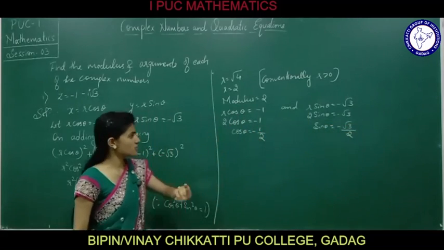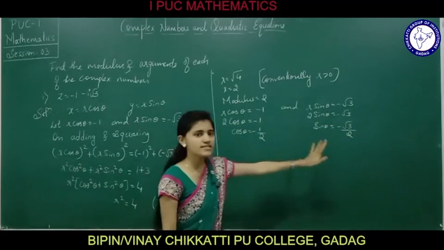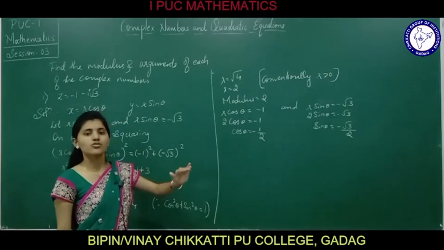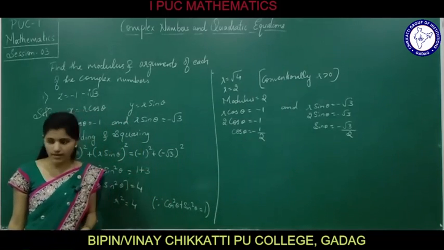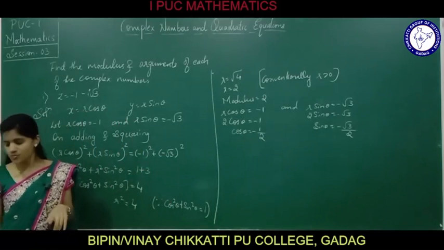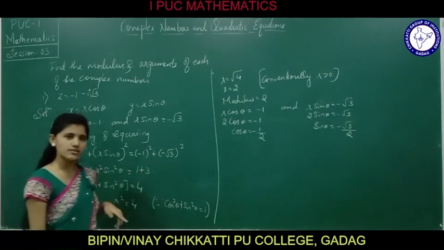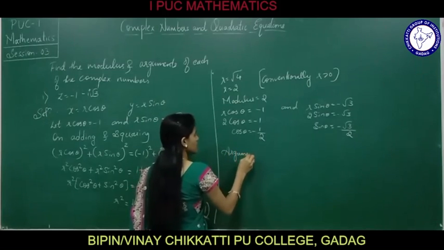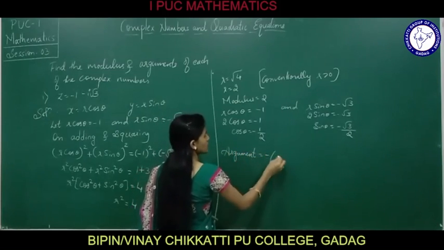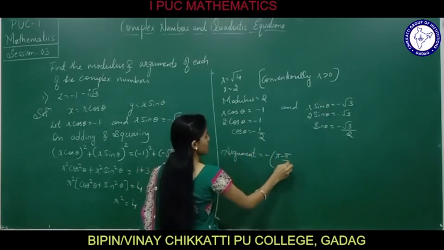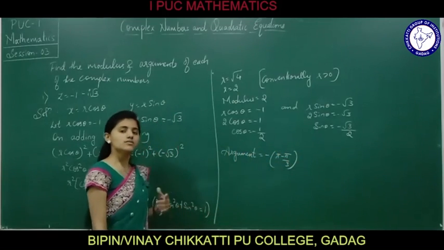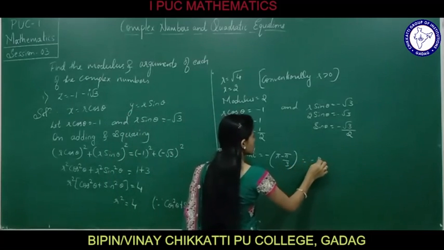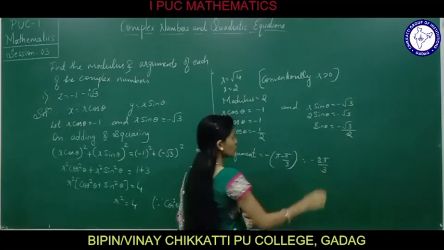See students, just notice we have both the values negative. Where do we find both negative values? We find that in the third quadrant, right? Since both the values are negative and lie in the third quadrant, how are we going to find the argument? Argument will be equal to minus of pi minus pi by 3, because they lie in the third quadrant. We get it here as minus 2 pi by 3. How did I get 2 pi by 3?